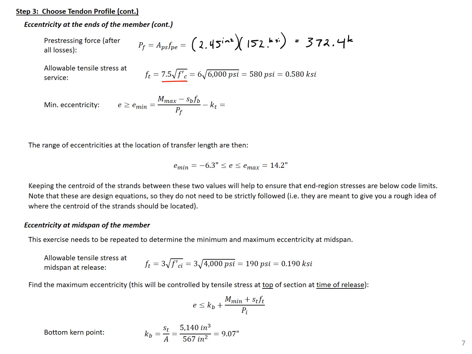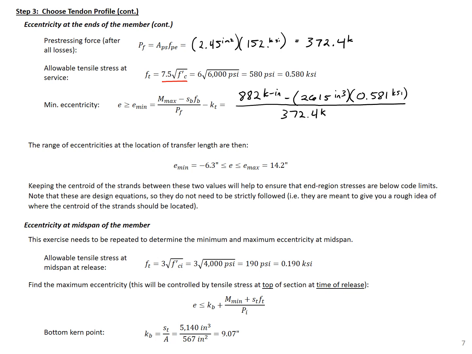So we can plug all these values into our kern point analysis then, and we'll have our minimum eccentricity equal to M max, 882 kip-inches, minus our section modulus, 2,615 inches to the third, times our tensile stress limit, 0.581 KSI, and then all divided by our final prestressing force, 372.4 kips.